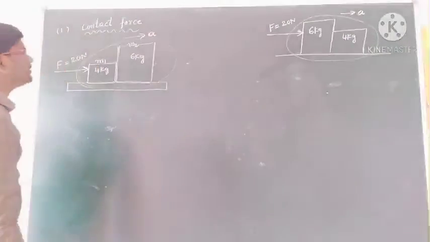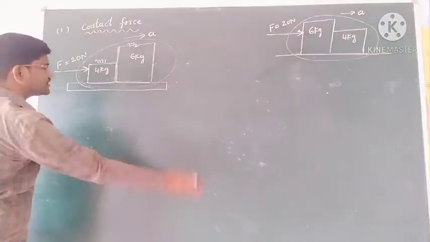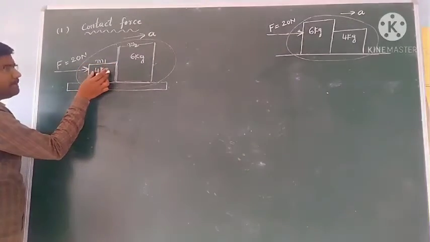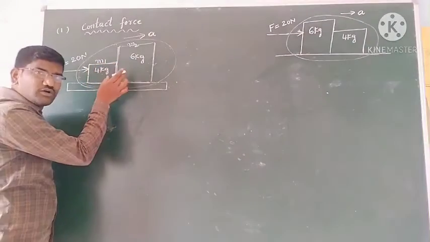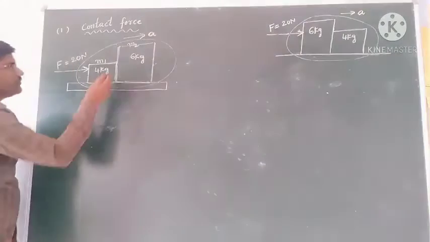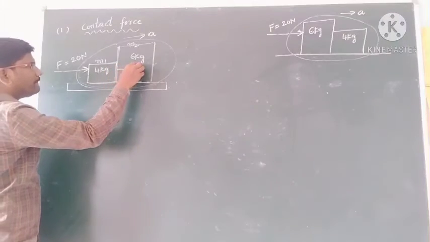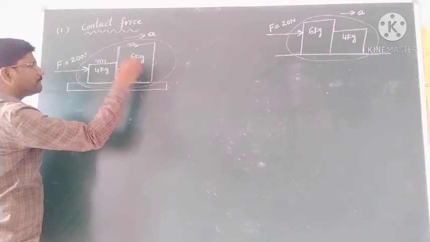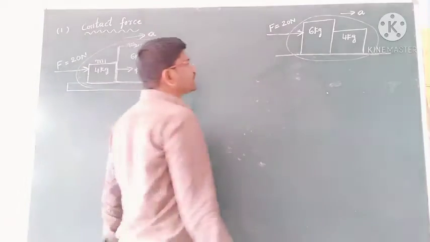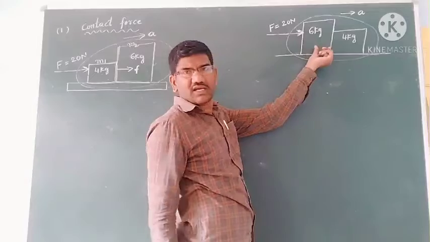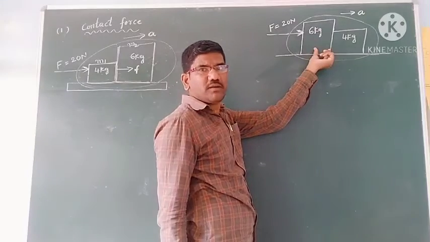See students, we are applying the force on the 4 kilogram, but both the 4 and 6 kilogram blocks are moving. Means this 6 kilogram is being pushed by the 4 kilogram with certain force F. And here we are applying the applied force directly on the 6 kilogram block.